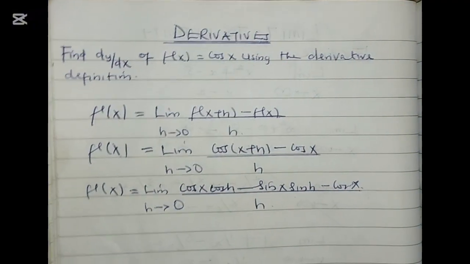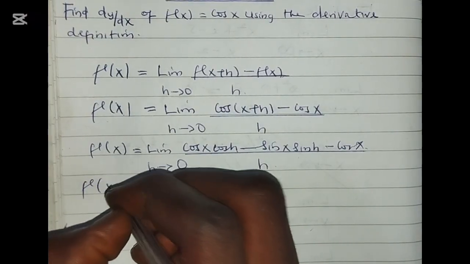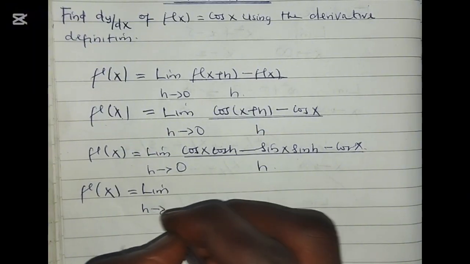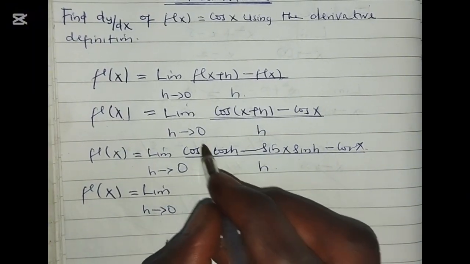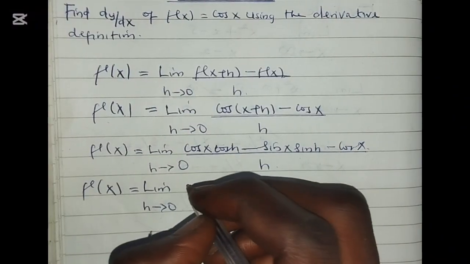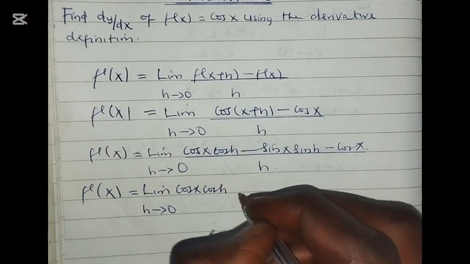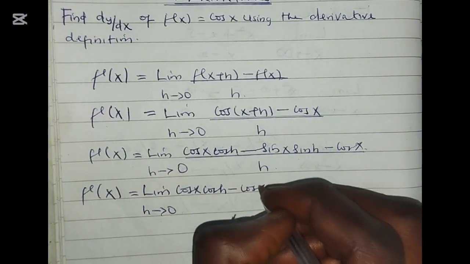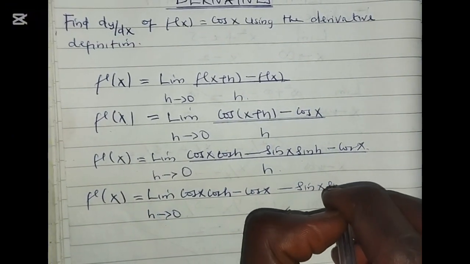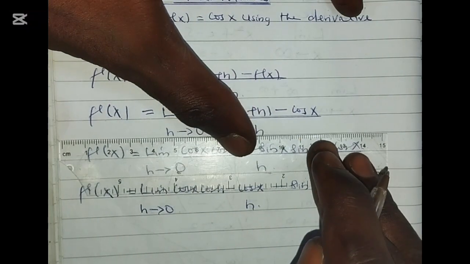So let us regroup like in the previous lesson. We have f'(x) is equal to the limit as h tends to 0 of cos x here, and we also have cos x here. So by like terms we have cos x cos h minus cos x, then minus sin x sin h, all over h.